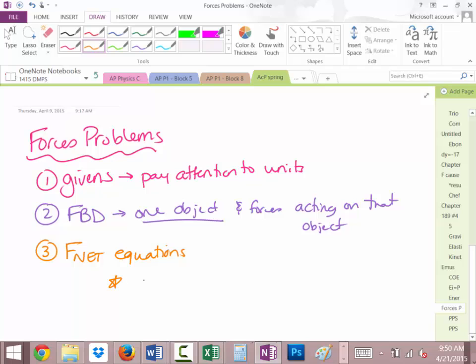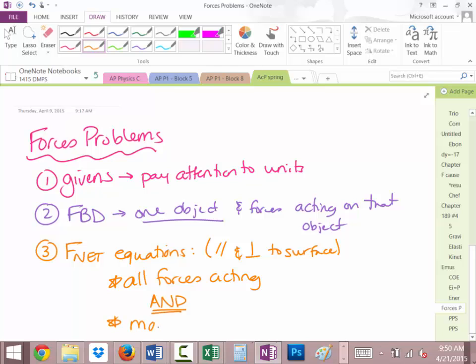F-net equation, so you're going to write down all of the forces acting, parallel and perpendicular to the surface, which might be X and Y, but not always, okay? And MA. So F-net equals all the forces acting, and it equals MA.